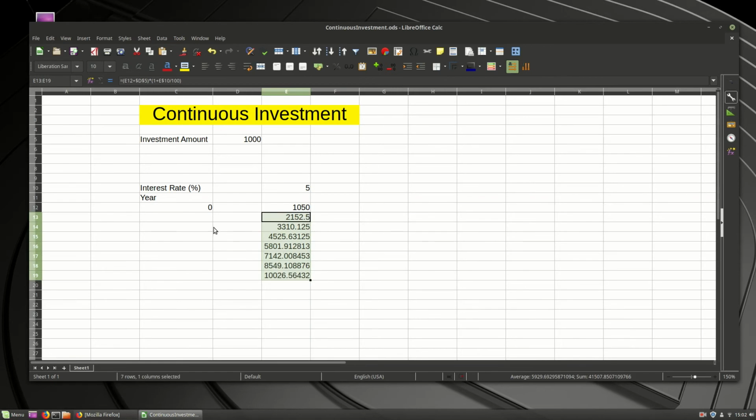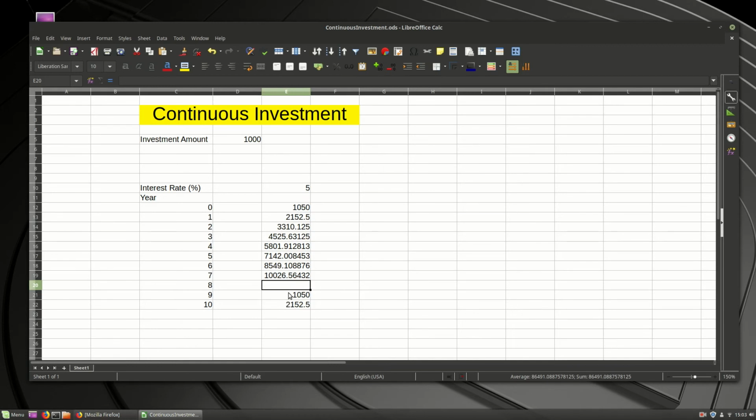We'll go down about 10 years and see what happens if we can get there. So at the end of year, something went seriously wrong here. Little minor error in the formula.